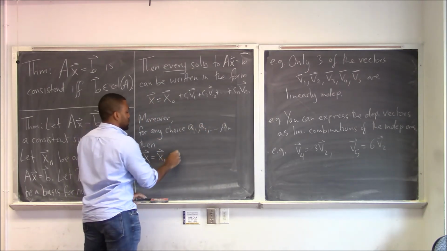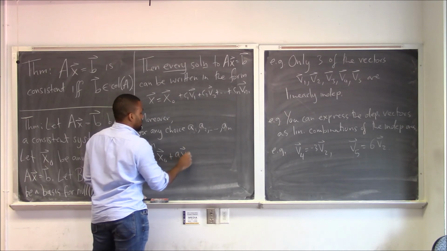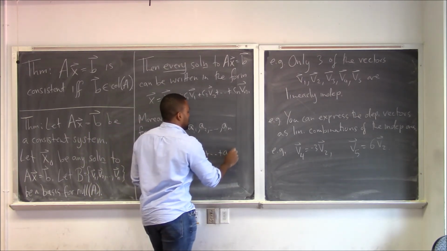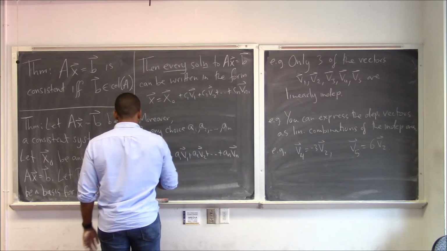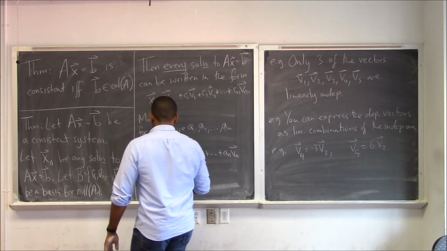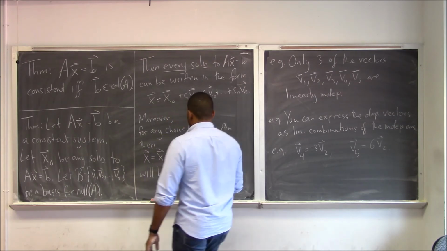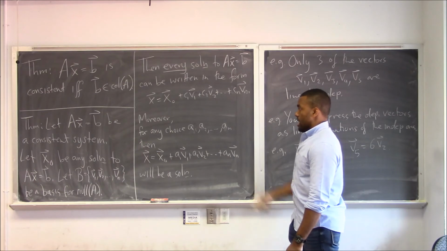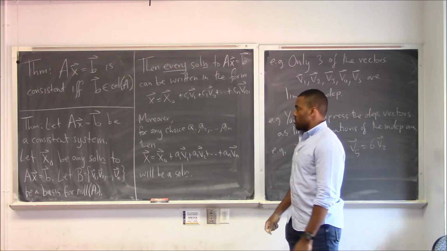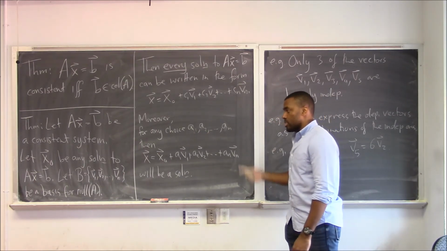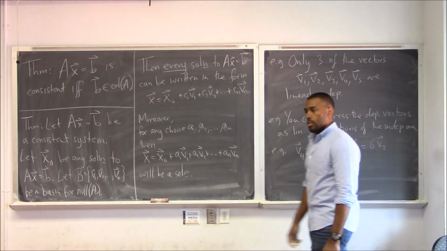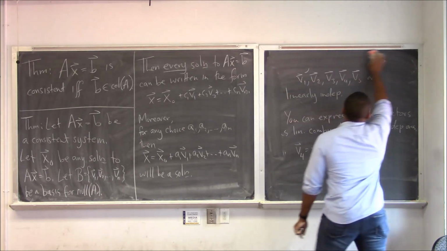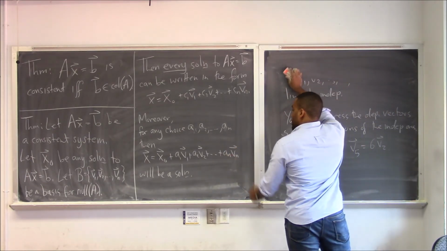Then x naught plus A1 times V1 plus A2 times V2 through An times Vn will be a solution. So if you have a solution, you can write it in this form, and by randomly picking any real scalars and putting it in this form, you'll create a solution. So something is a solution if and only if you can write it in this form.